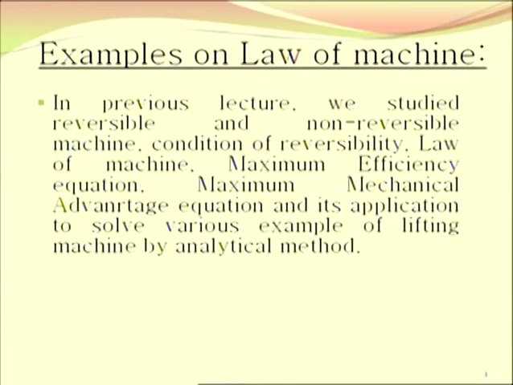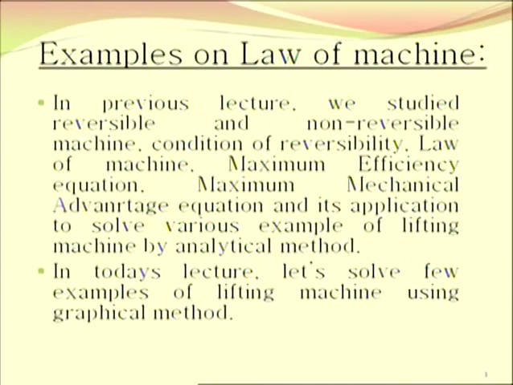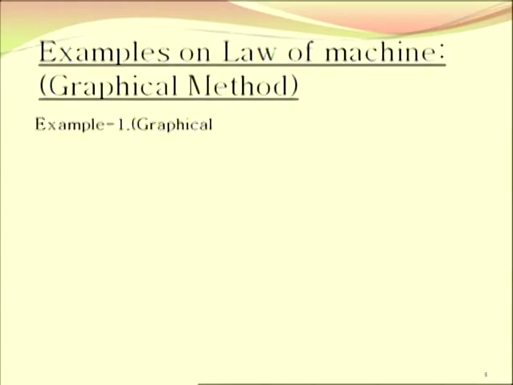Means we have calculated various examples with formulas. Now today we will see the graphical solution of the same examples. Those examples can also be solved by graphical method. Today we will take an example by graphical method. Let's take example number 1 in graphical method.